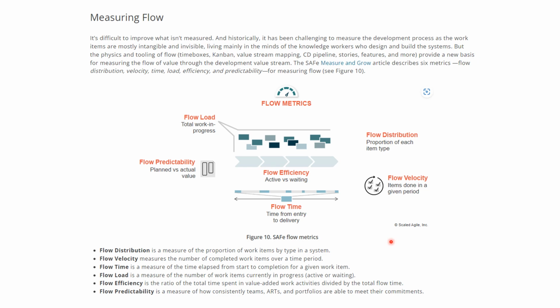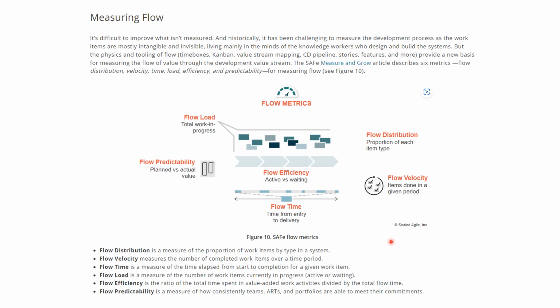So you can have a number of different types of work items. Measuring that makes a lot of sense. We will see how to apply this flow distribution in different flows like team flows later. For now we understand that flow distribution is a measure of the proportion of work items by type in a system.